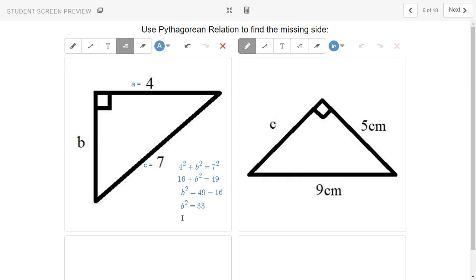We need to undo the square for us to find the side b. So the opposite of square is the square root. Let's put a little note here. To undo the square, take the square root.